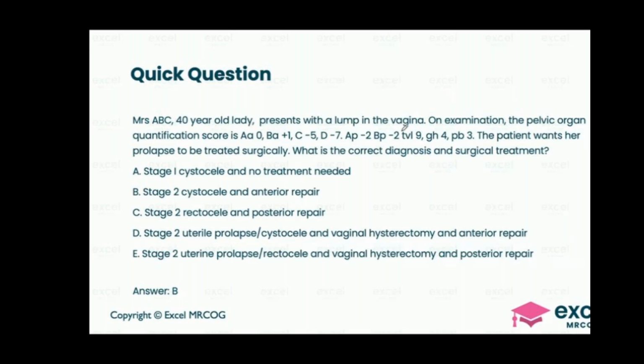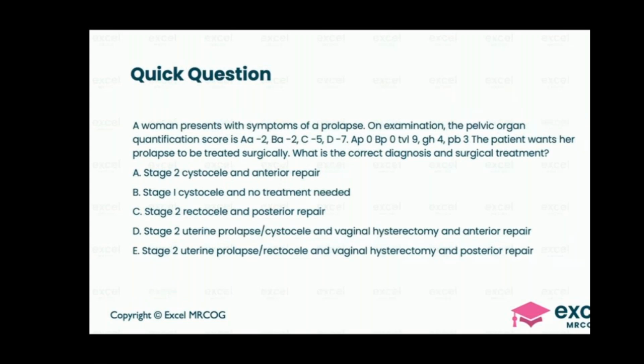AP and BP are at -2, so not significant, but BA has come down quite significantly. So it is stage 2 and it is +1, between -1 and +1, beyond the hymen by 1 centimeter. So it is stage 2 and it would require an anterior repair.